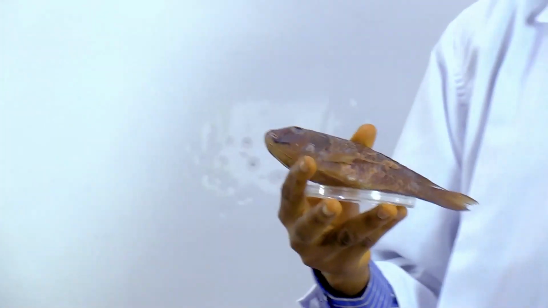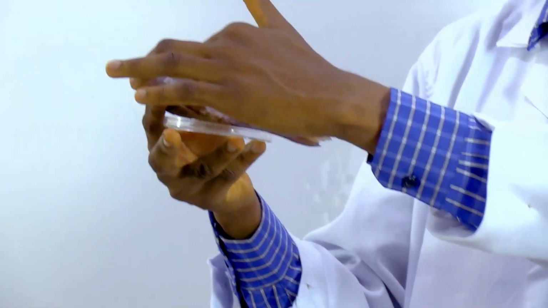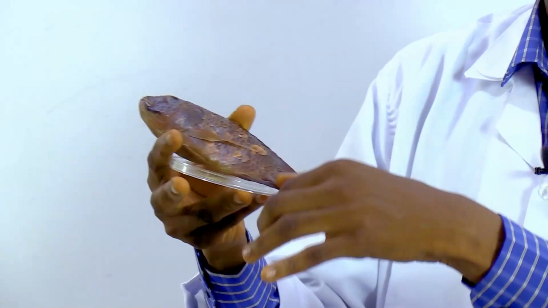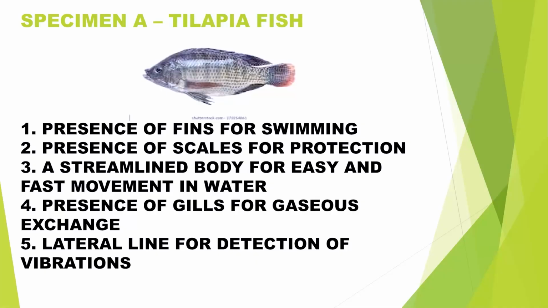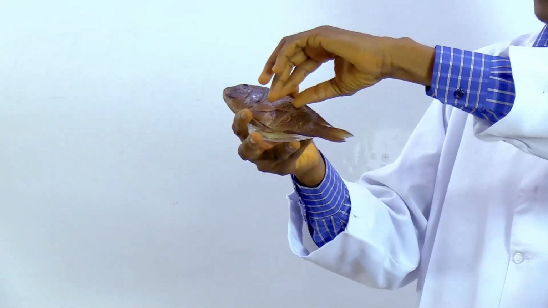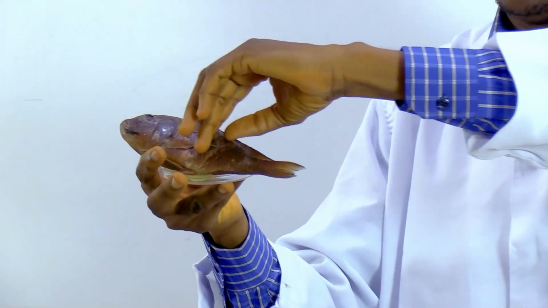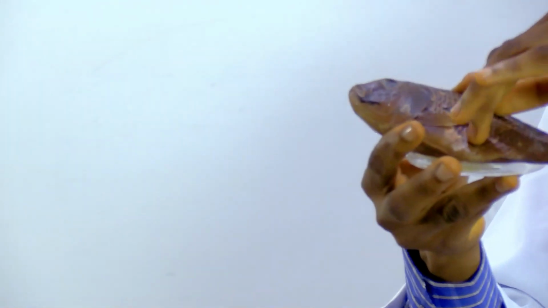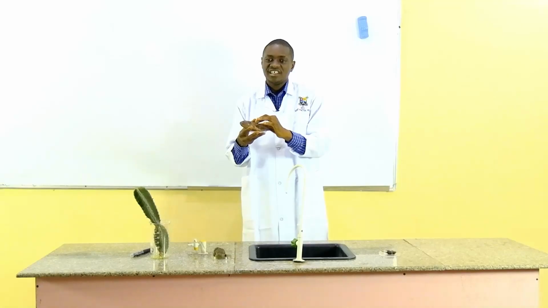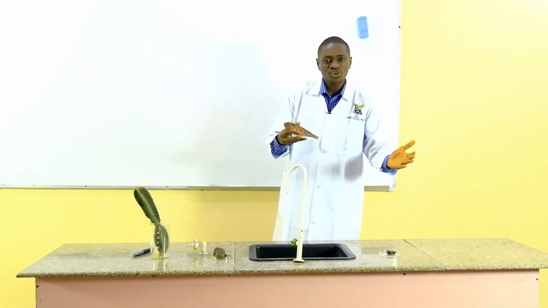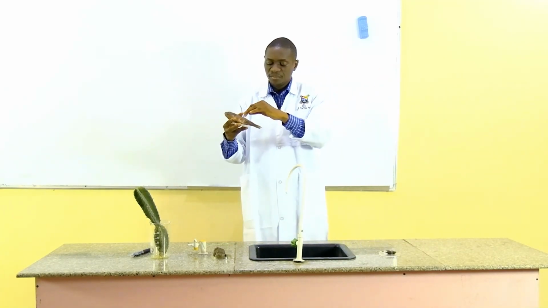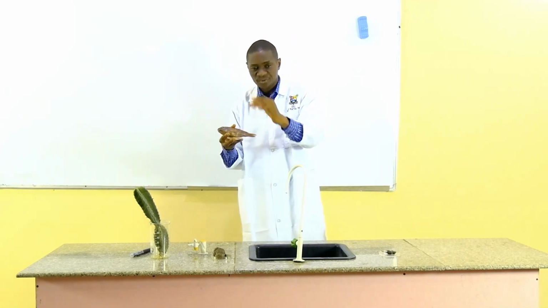It's an aquatic animal, so it possesses all these fins to be able to swim in water. The second point is that when you look at this, you can see it has scales. The presence of scales to be able to protect itself. When you give the feature, you must also give the function. Presence of scales for protection.